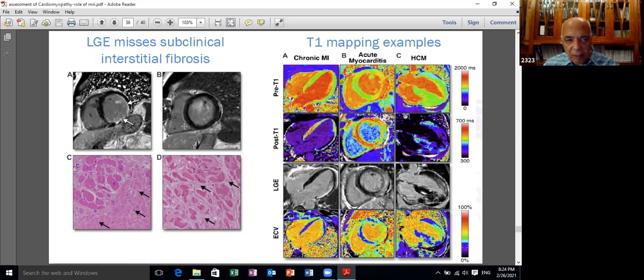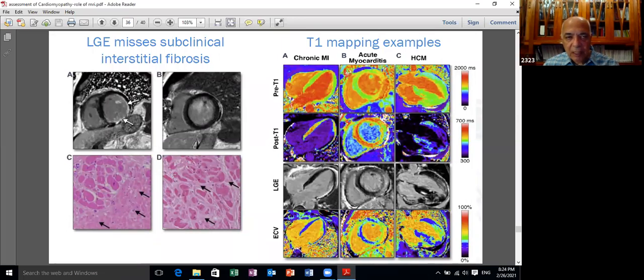But if you look into diffuse fibrosis, the delayed enhancement doesn't show it. Actually, not only fibrosis, but also infiltration, like infiltration with amyloid, with iron, with sphingolipids, with anything. If it is interstitial, it evades the power of the delayed enhancement to detect it.